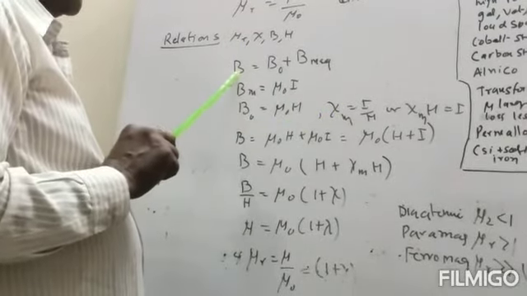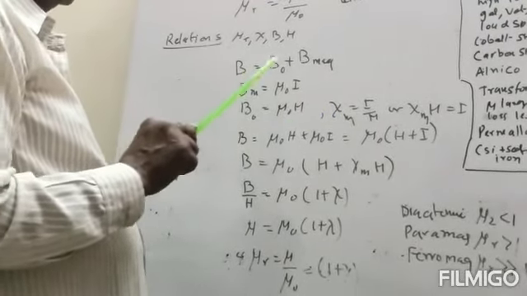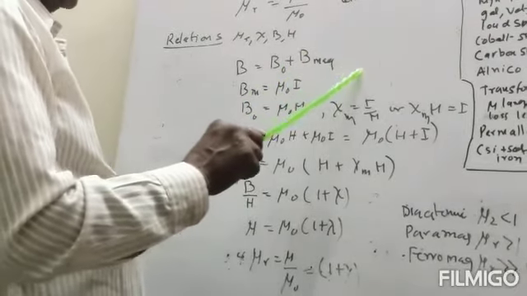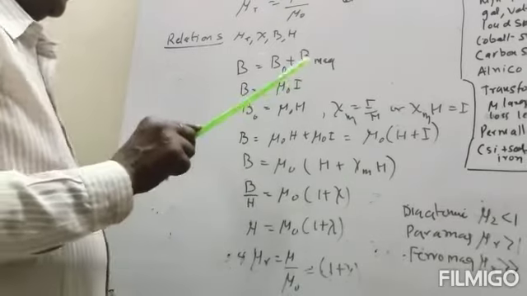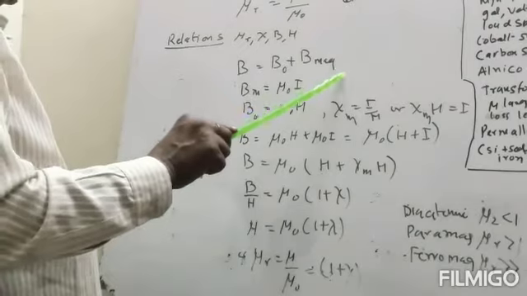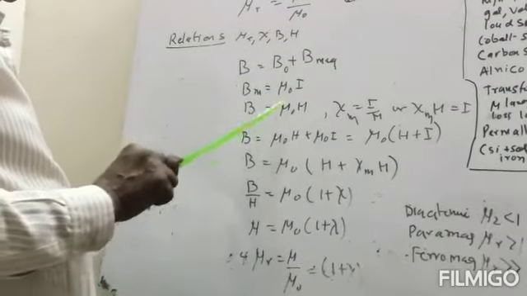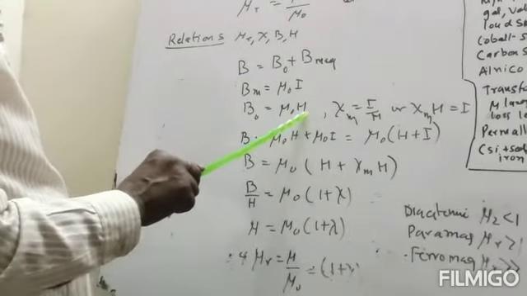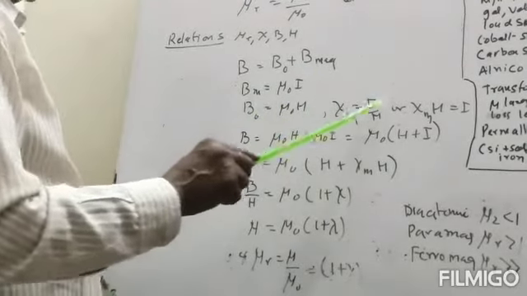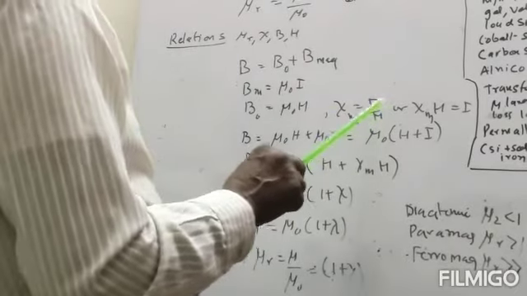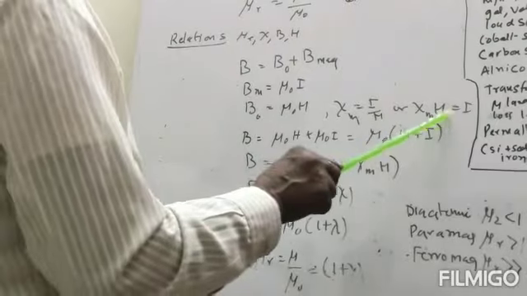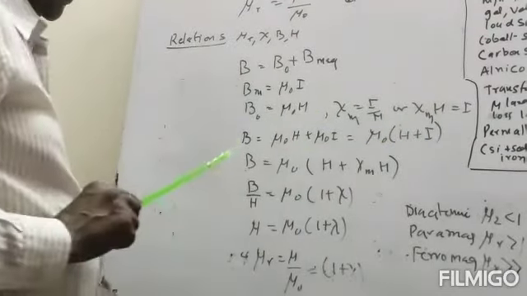So total magnetic field B will be equal to B0 plus B magnetic, as I told earlier. Now B magnetic will be equal to mu0 I, and B0 is equal to mu0 H. We know that chi m is equal to I by H, so chi m into H is equal to I. We substitute it.